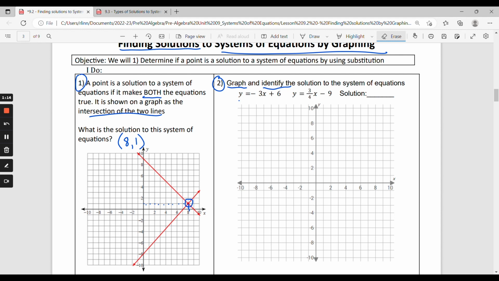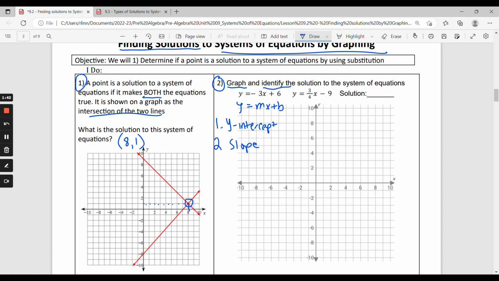And when we're graphing lines written in slope-intercept form, meaning we are seeing our lines written as y equals mx plus b, we know that we need to graph first the y-intercept, and then the second thing we need to do is use our slope.